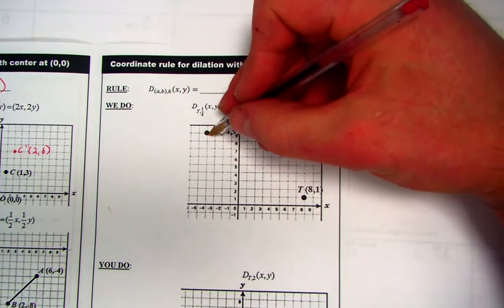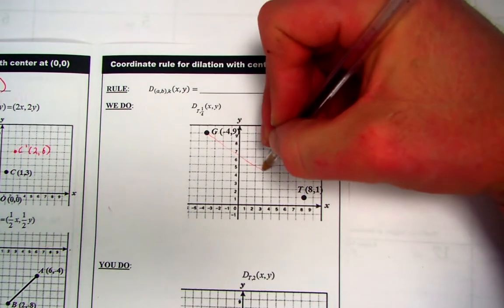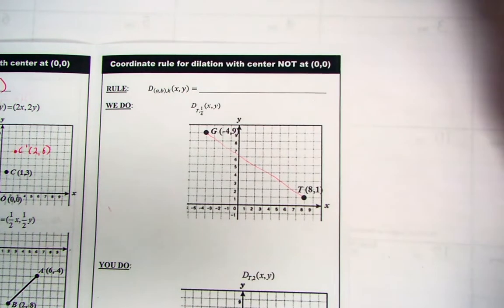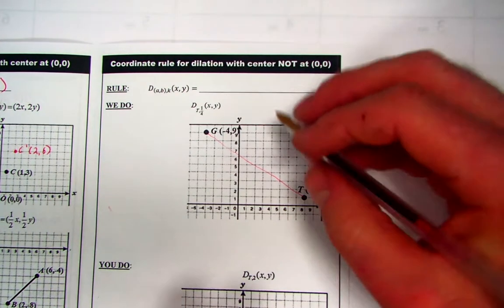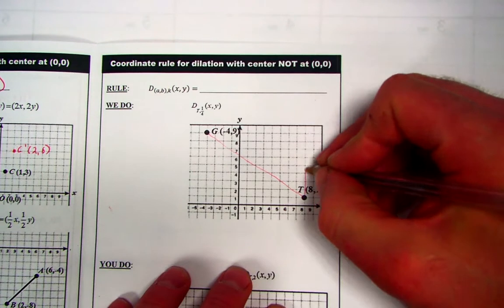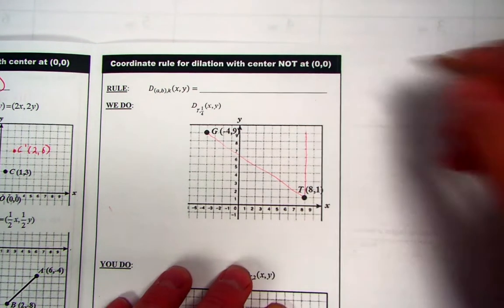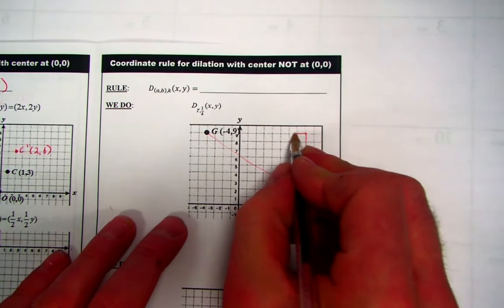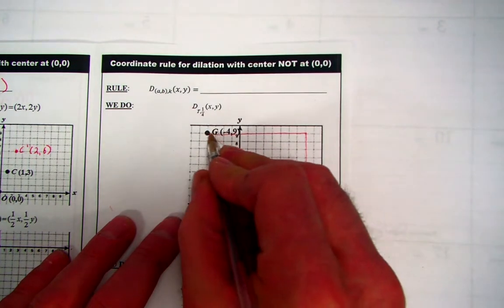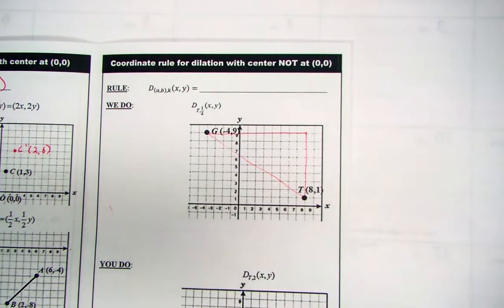And so the distance here is diagonal, which means it has two components. It has a vertical part from T up to G, and a horizontal part from T over to G. Well, that vertical and horizontal part are the slope, or the rise over the run.